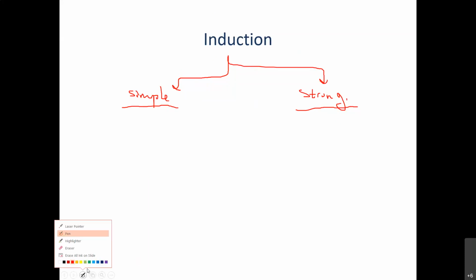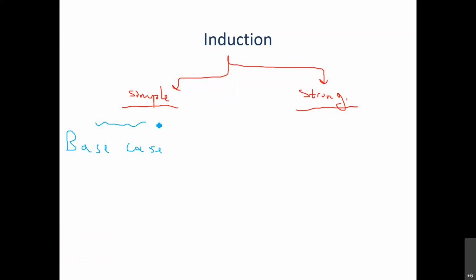Now, both of these are going to go the same way. We have 3 steps for using induction. First, we have the base case. That's where, whatever we're trying to prove, we prove it for a specific case. So if they're saying prove this is true for n greater than or equal to something, like 5, you'd say, okay, just let n equal 5 and prove that whatever we're trying to do is true.